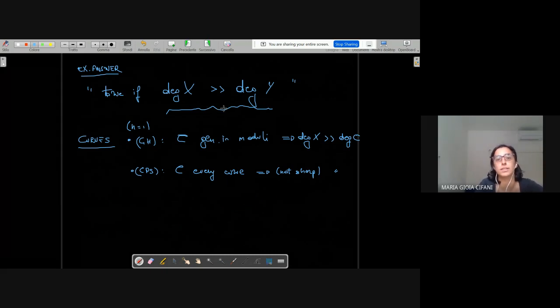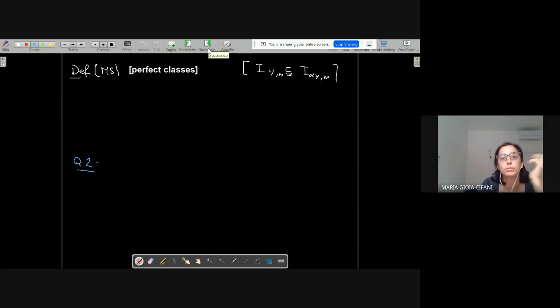So we expect that for the degree of X greater enough, we have reconstruction. What can we recover when the degree of X is little, whatever it means? They make this definition of perfectness.